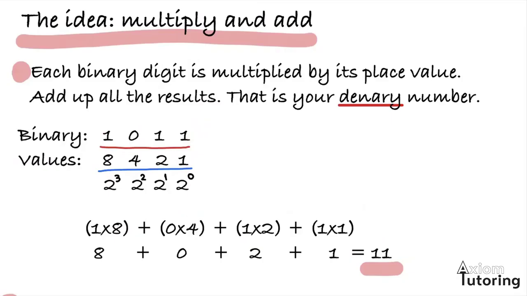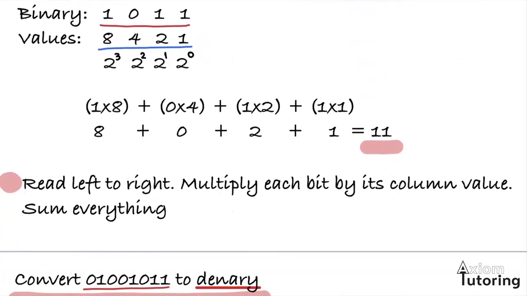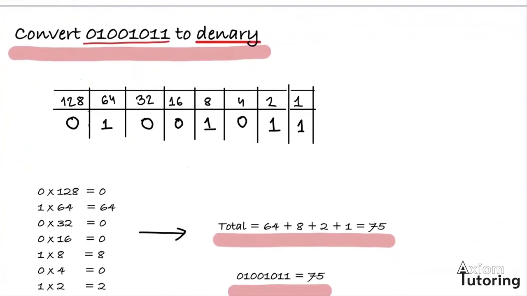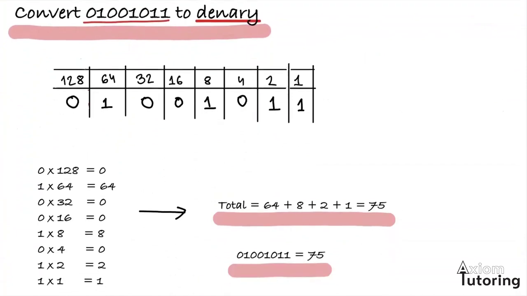Now let me walk you through the full method with a complete example. Now we have the binary number 01001011 here, and we write it into its place value table. So wherever there is a 1, we note down the place value.